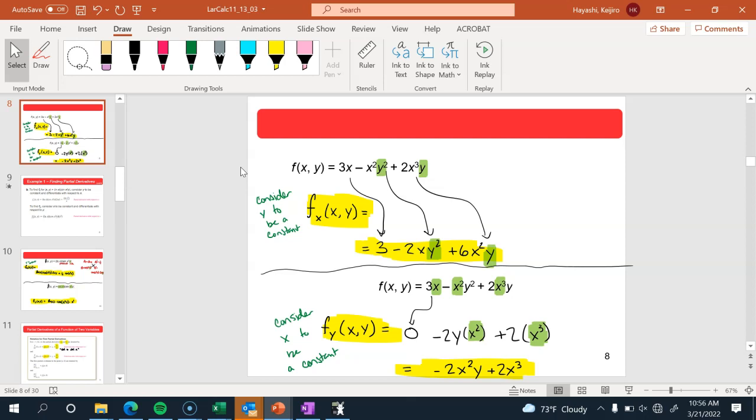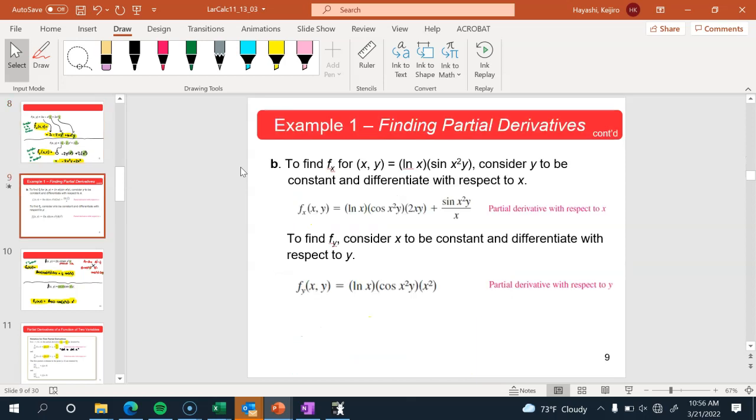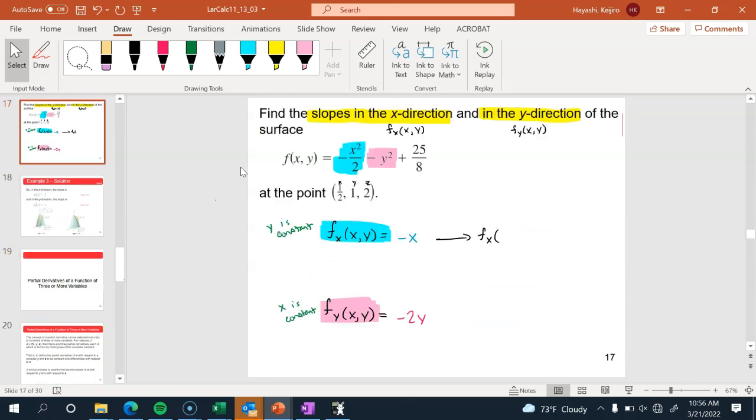They're not really numbers, but you treat them like constant numbers. You bring them down as if they're attached to something. If they're just by themselves and you're treating them like a constant, they go away completely. And that's the case here. These are x terms just by themselves, and there's a y term by itself. That makes sense.